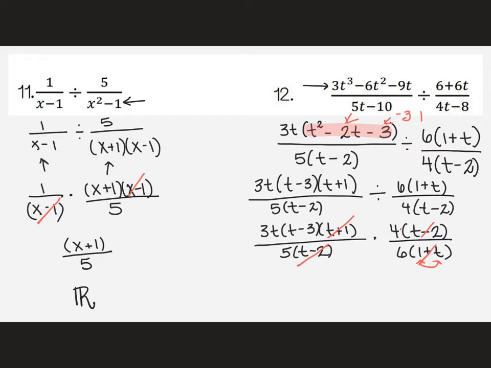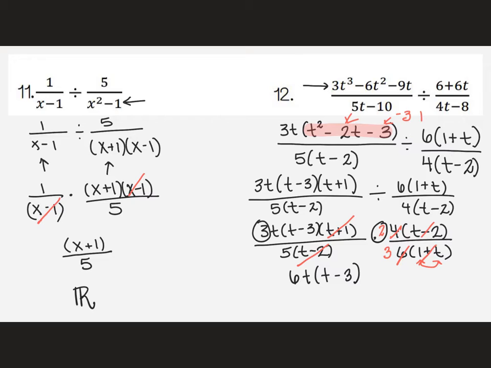I have 4/6, which I can really write as 2/3. And then I'm just going to rewrite so I can see things a little easier. So in the numerator, I have 2 times 3, which is 6. I have a t, and then I have t minus 3.